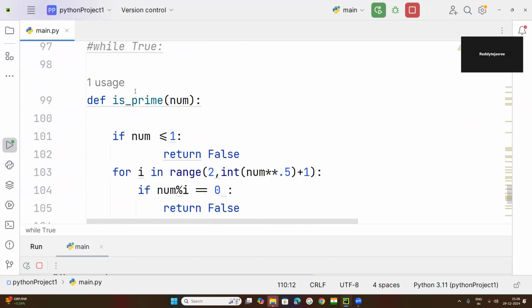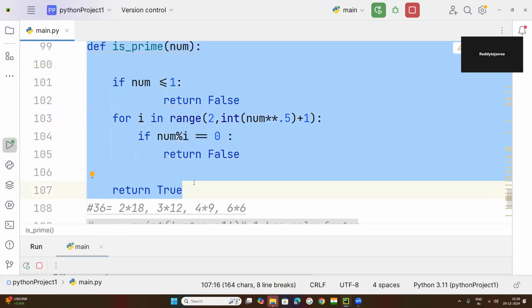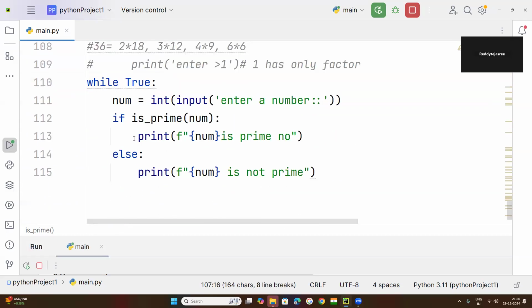Okay. Up to this is your function, from here to return true. Up to here, your function. And that function is being called in this if. Under the if else statements, the function is being called.